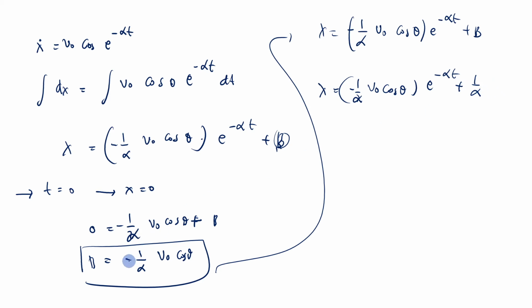Sorry, this is the plus sign. Okay, plus 1 over alpha V0 cos theta.